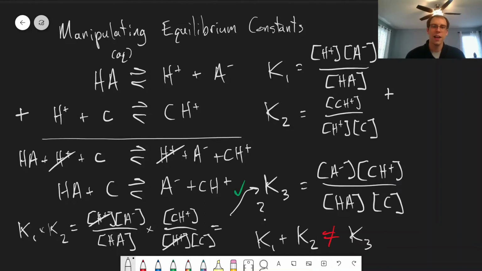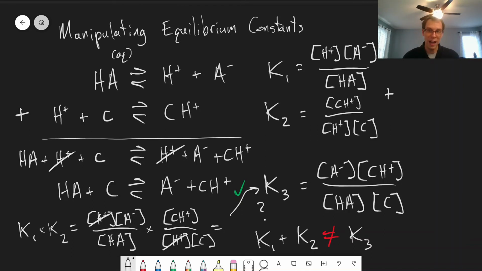So when we add reactions, we can multiply their equilibrium constants. If we know, for example, the numerical values of K1 and K2, that allows us to find the numerical value of K3 without needing to do any measurements on that third reaction. Very convenient.